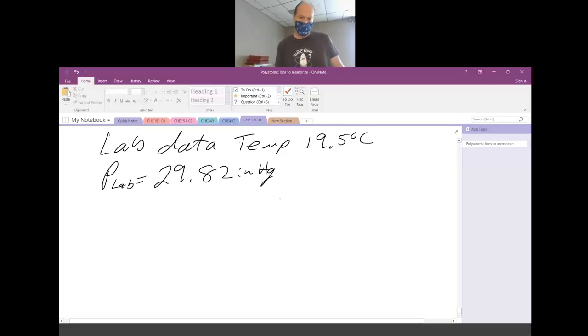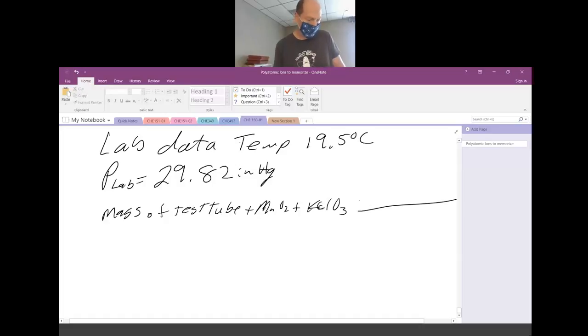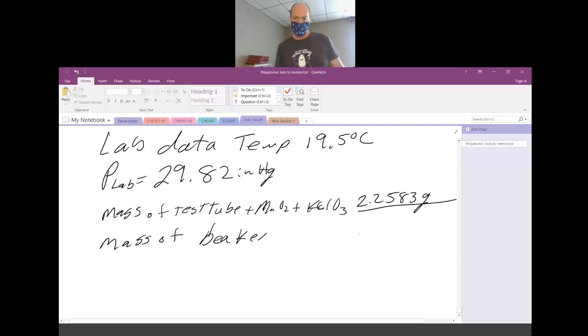All right, and then we have our mass of test tube plus our MnO2 plus our KClO3. And that number is 2.2583 grams. All right, then we got our mass of beaker. The mass of the beaker on the triple beam balance, 152.58.